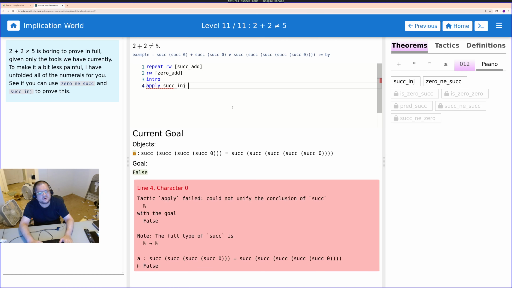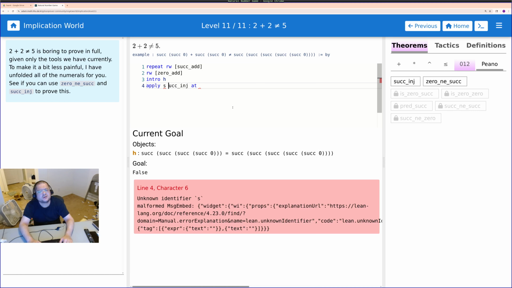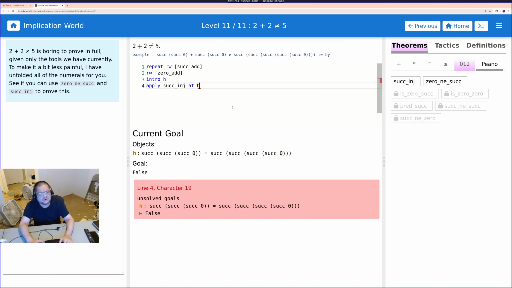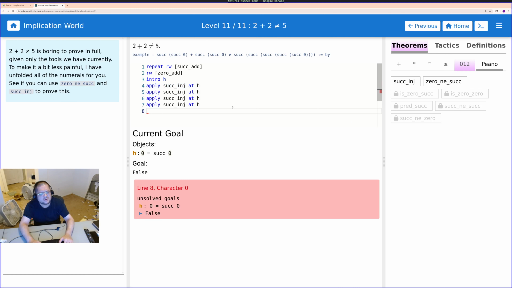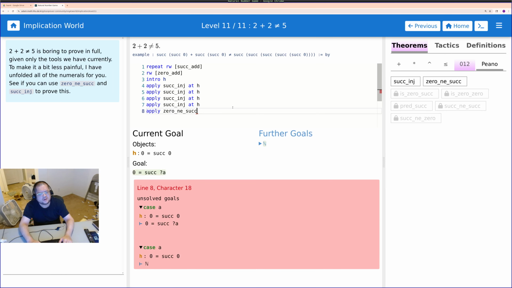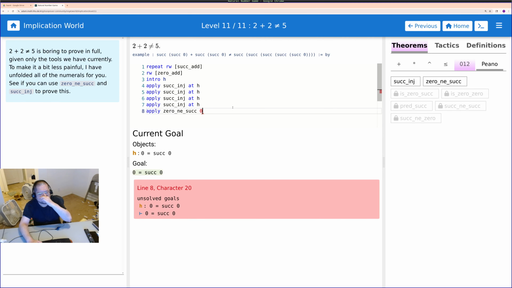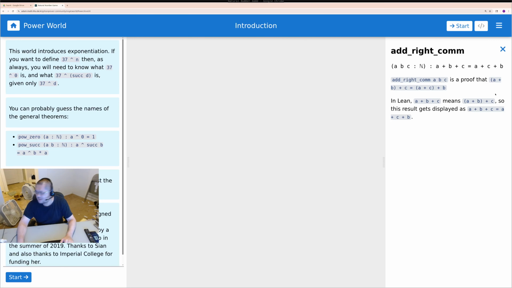Apply successor injective add H. Apply 0 not equal to successor to H. Okay, that finishes implication world.